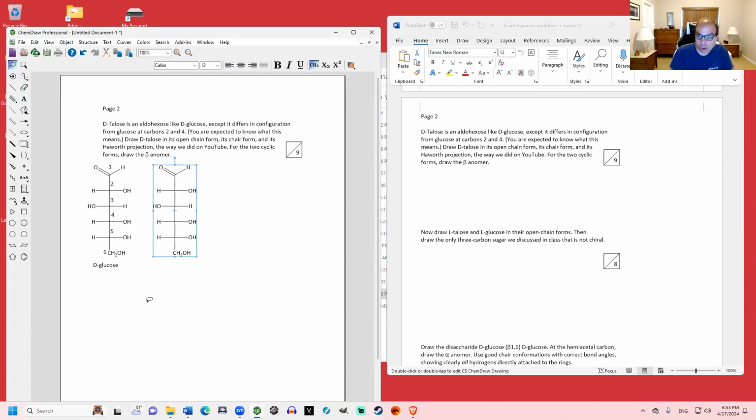You don't have to draw glucose if it doesn't say to draw it. I'm just putting that there so that we have a visual aid. And so we're going to change the configuration at carbons 2 and 4.